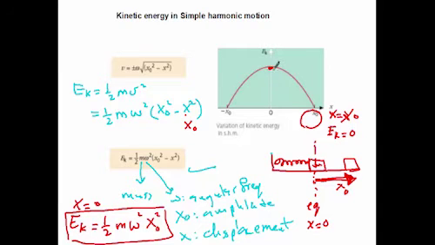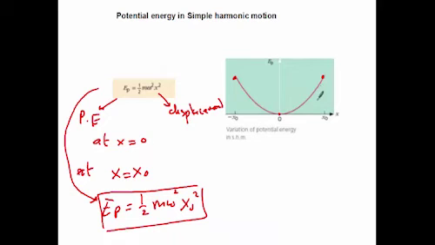Now, the maximum value of velocity at equilibrium gives the maximum value of kinetic energy, which is half m omega square x naught square. We will find that this is the same value of potential energy that we are getting at the maximum displacement. Here, the same value we are getting for potential energy, when x equal to x naught.